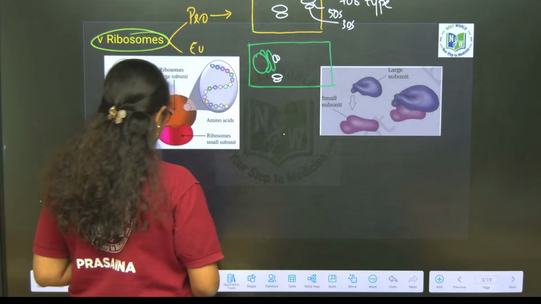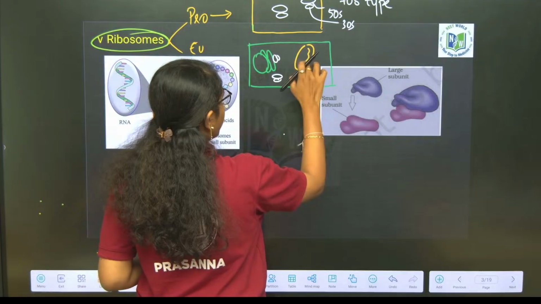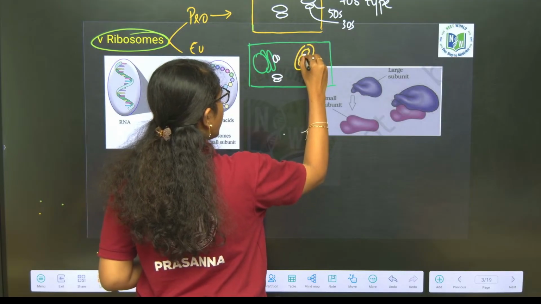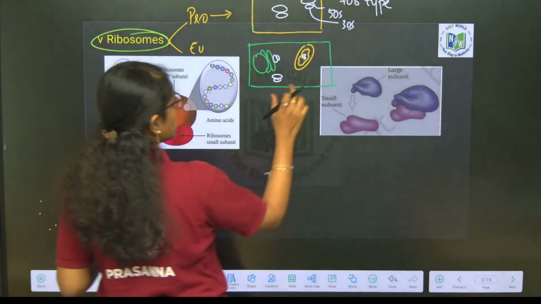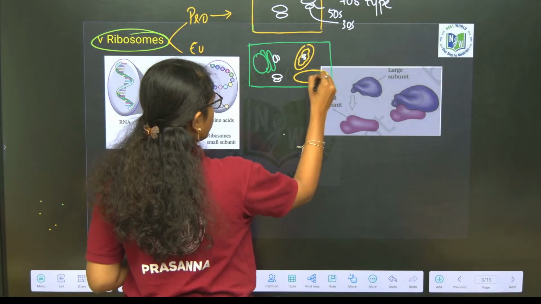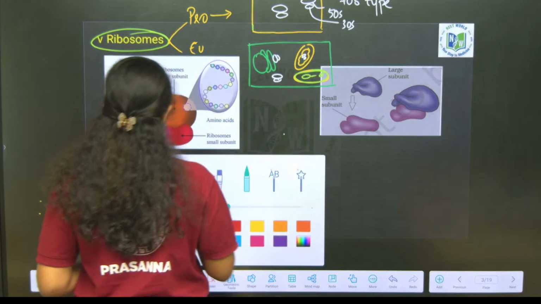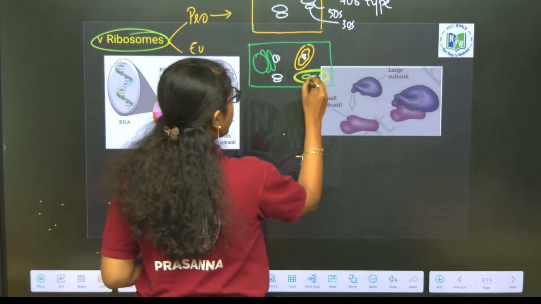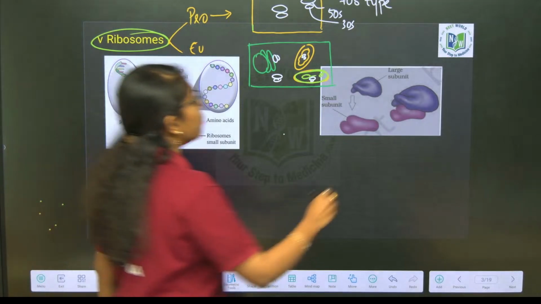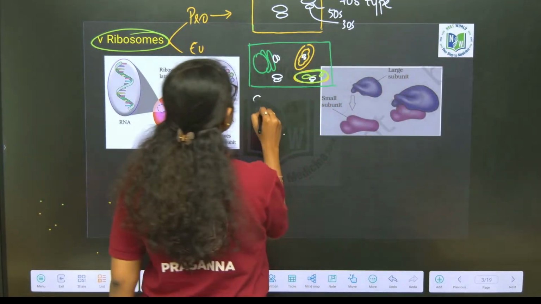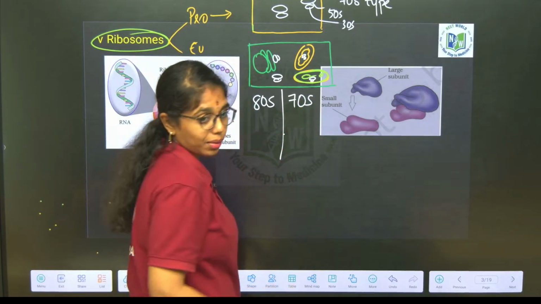And inside mitochondria ribosomes are present, and inside chloroplast also you can see the ribosomes. So, here in a eukaryotic cell you can see both types of ribosomes, both 80S type and 70S type.